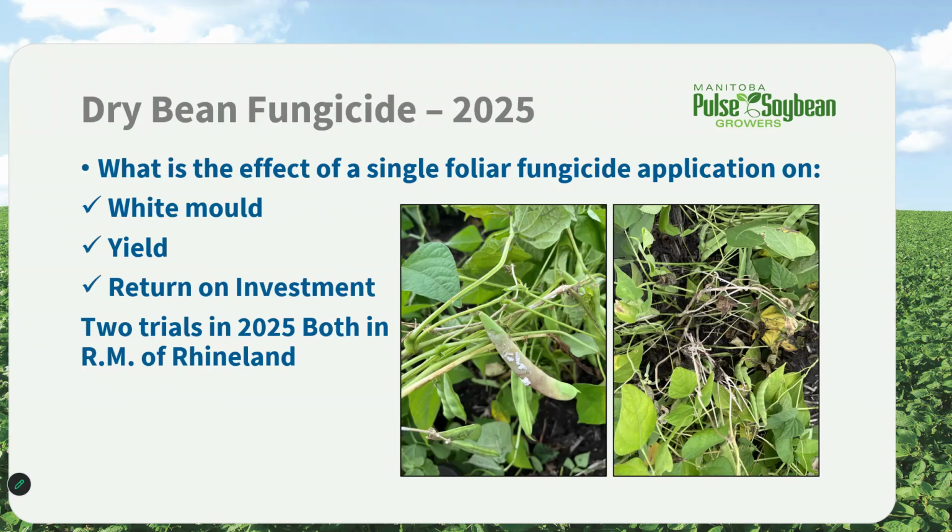So I'll move on to dry bean fungicide trials held in 2025. What are the effects of a single foliar fungicide application on white mold and yield, and did it provide a return on investment? We had two trials, both located in the RM of Rhineland.